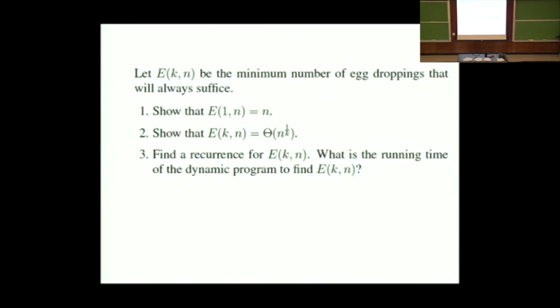I was challenged on should this be f minus 1 or f, and that's something you usually have to be careful about. But basically, what am I doing? I'm doing a brute force search, trying all possible places to toss the first egg and picking the best one.